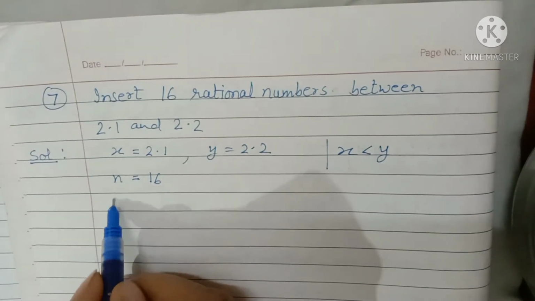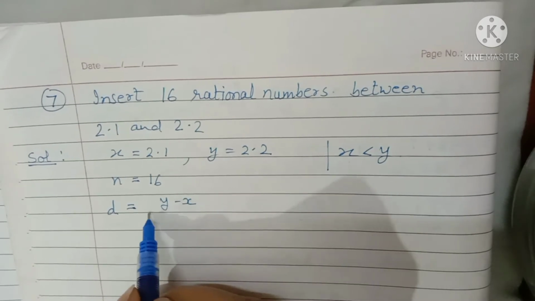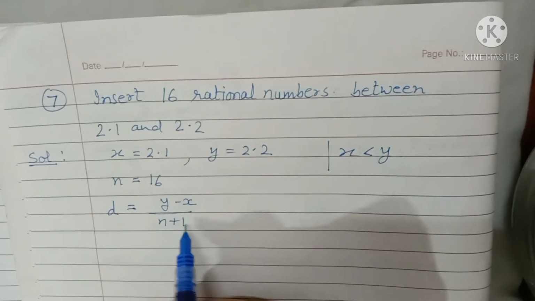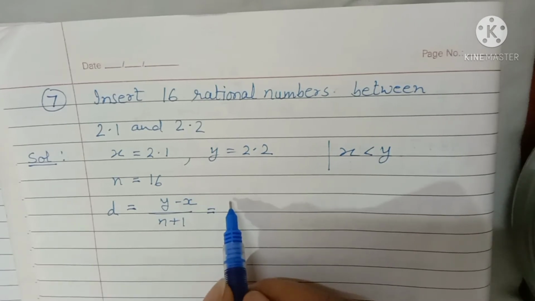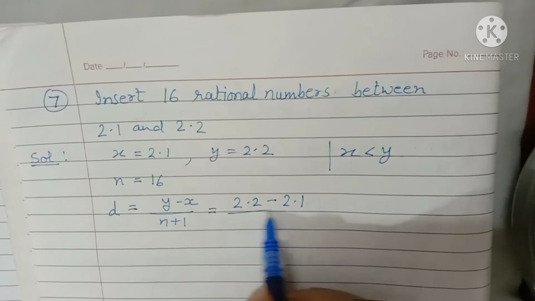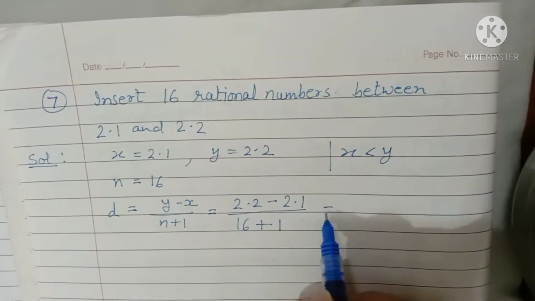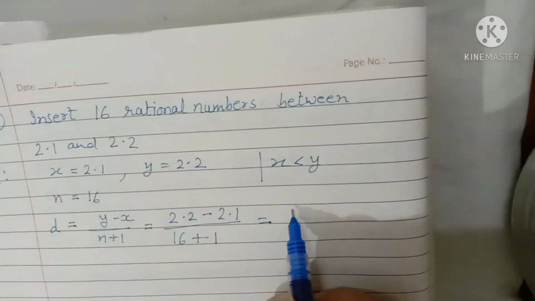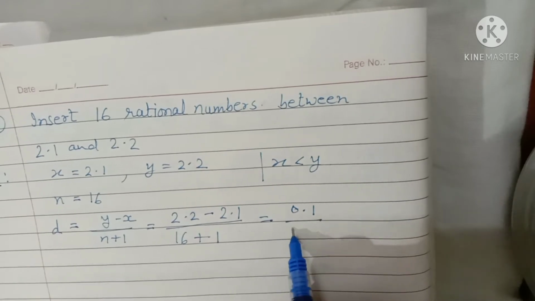Find the value of d. d is equal to (y minus x) upon (n plus 1). Put the values: 2.2 minus 2.1 upon 16 plus 1. This becomes 0.1 upon 17.